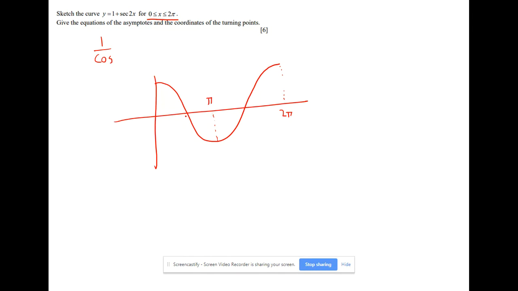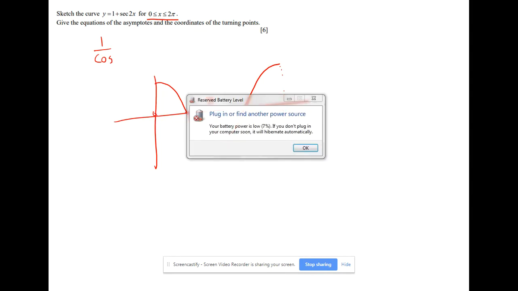These are important points, but these bits are even more important. These bits will give us our turning points: 2 pi, pi, and this one up here, which is 0.